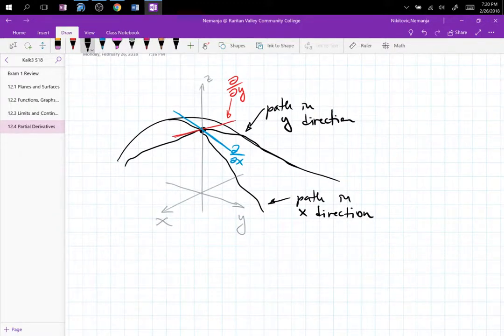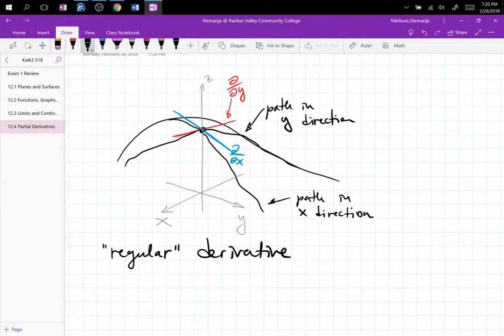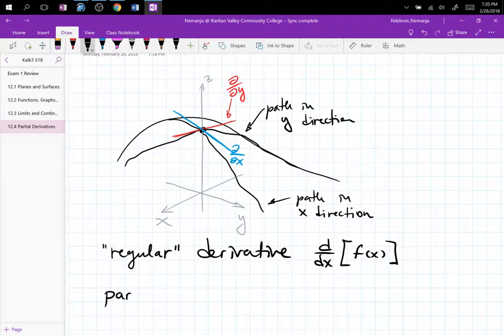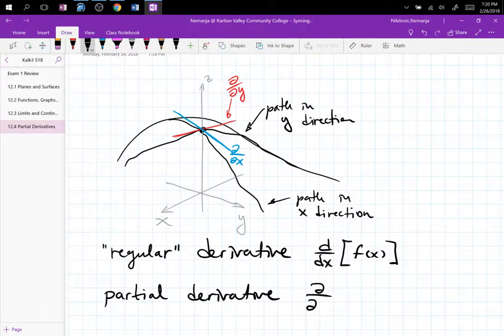Partial derivative has this weird looking d. A regular derivative is the d/dx of your function. Now you have a partial derivative, and a partial derivative is this squiggly symbol.